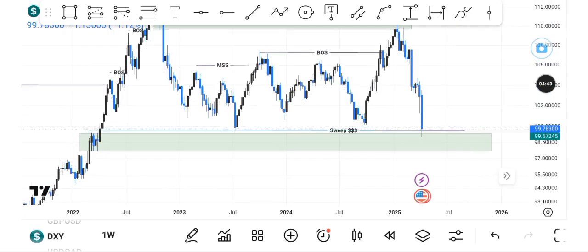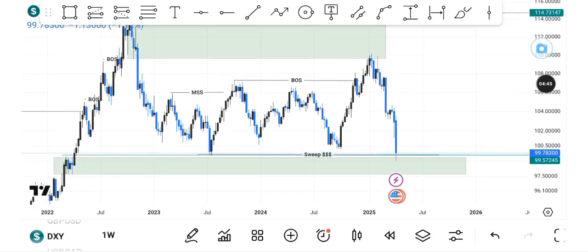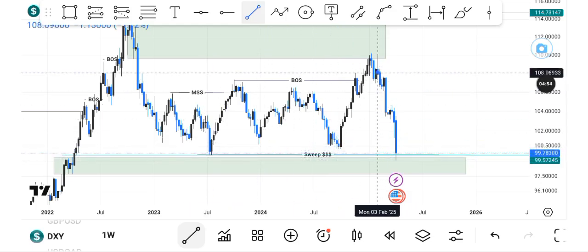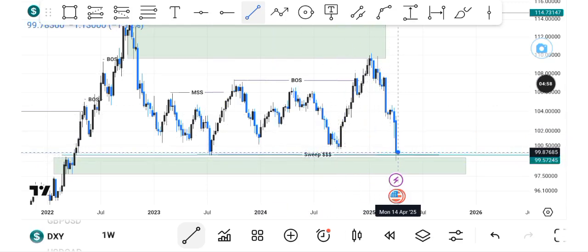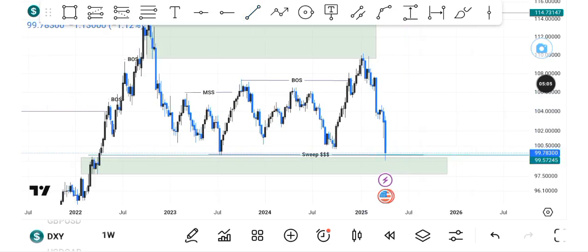That's why I say the market is reacting, has swept liquidity. I saw last time that the origin that caused this break of structure to the upside is having liquidity sitting on it, equal lows and equal highs. You'll be able to mark it.